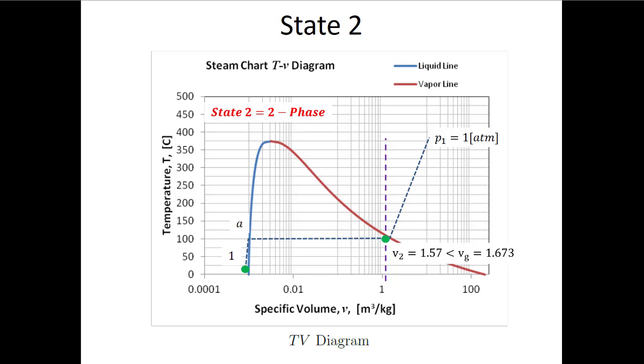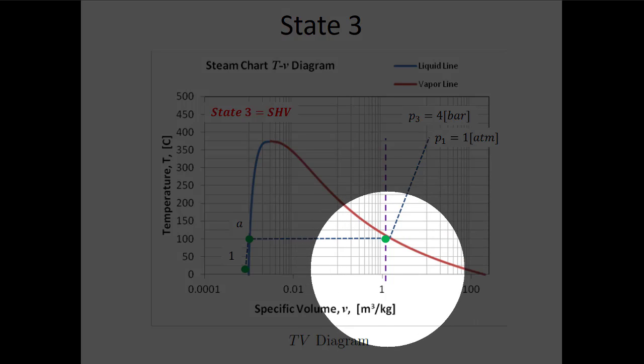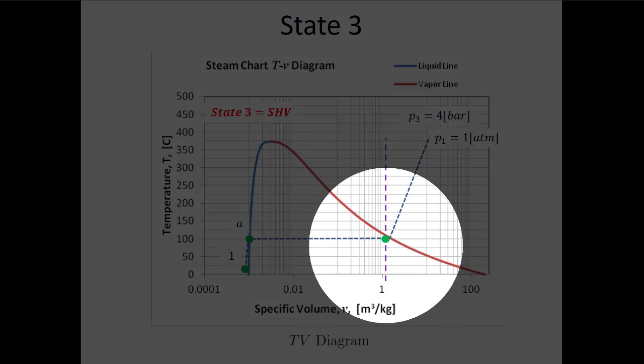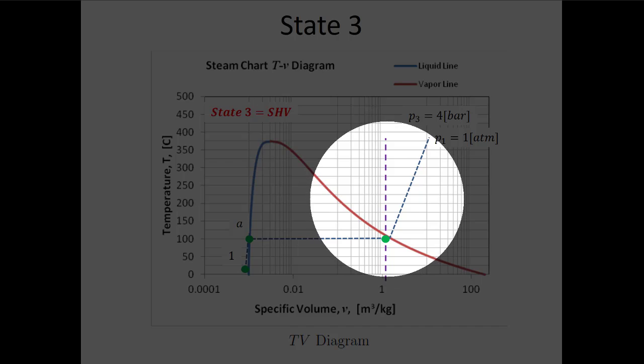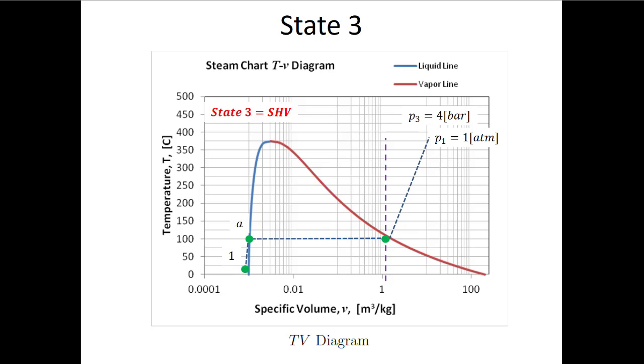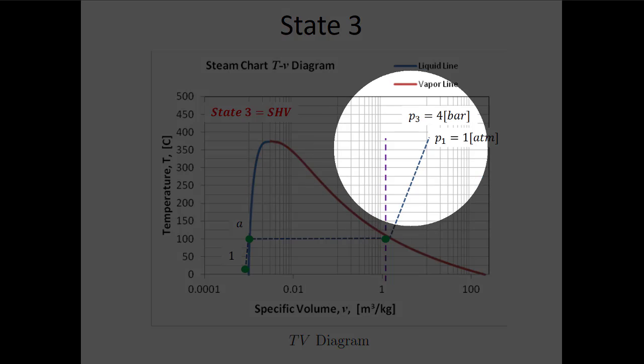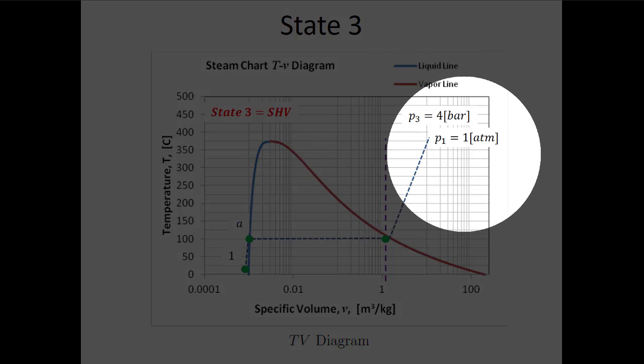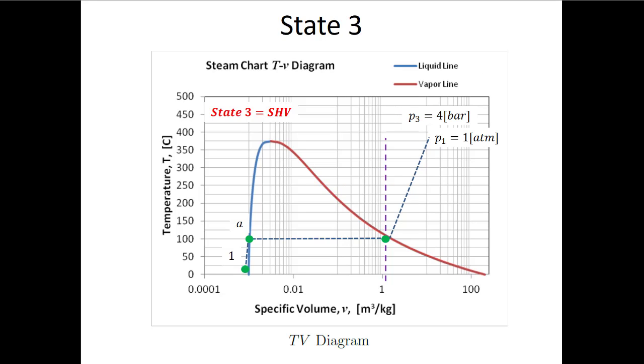So here we know that state 2 is two-phase. Now, what we know about state 3 is it has the same volume, and because the mass is constant, that means it has the same specific volume. So now it's going to be somewhere on this purple line, this vertical line here, and the pressure is 4 bar. 4 bar is bigger than 1 atmosphere, which is right around 1 bar. So now I'm going to draw another constant pressure curve, right?